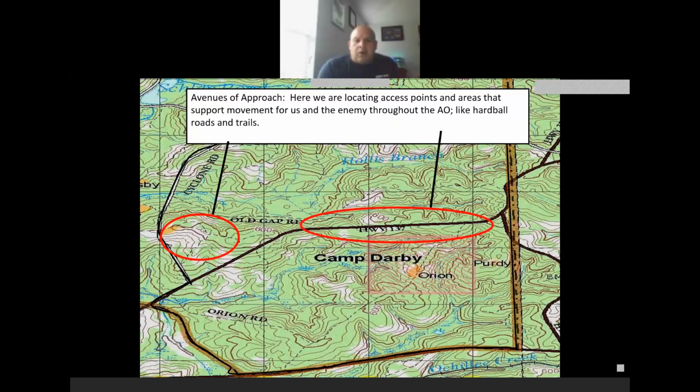It's based off how fast they can move on Highway 137 versus those trails to the west. Faster, right? On the highway, it's hardball, it's an improved road right there. To our west, it's an intermediate trail. We don't know the conditions of that trail, but definitely the enemy is not going to be able to move as fast on that intermediate trail as they would on the hard road.